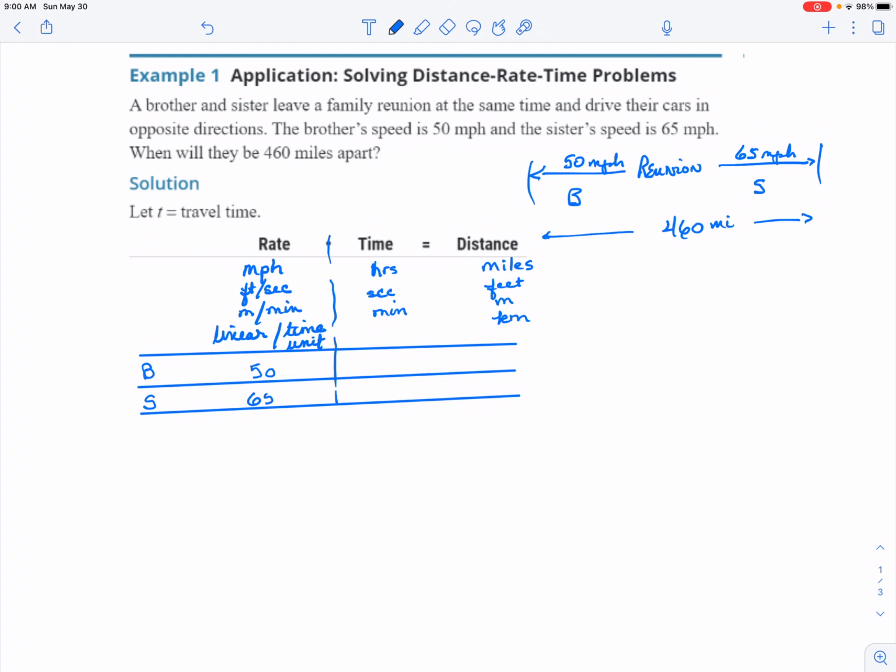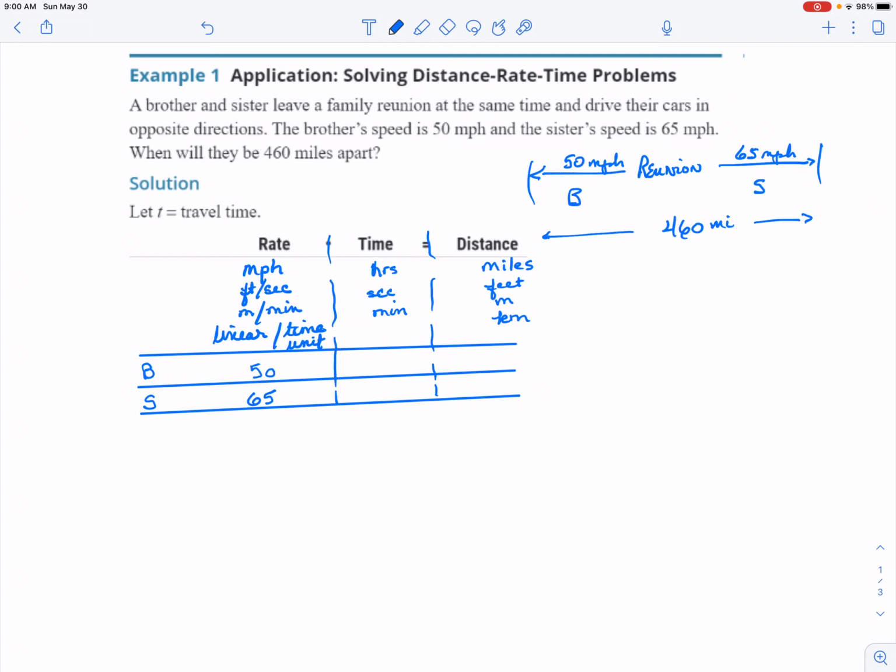Sister's rate is 65 miles per hour. You cannot put the 460 out there for the distance because neither one of them travels 460 miles. They travel a total of 460 miles. So we don't really know how far the brother goes or how far the sister goes.